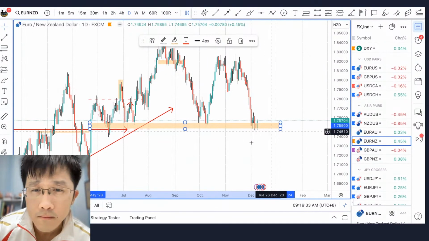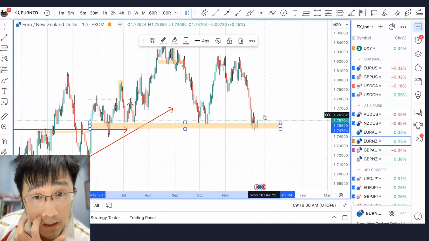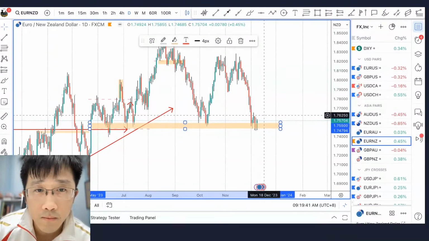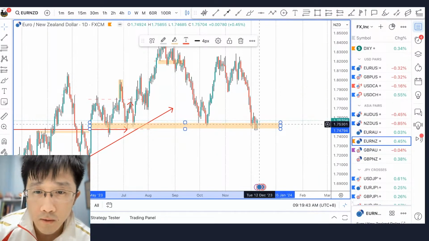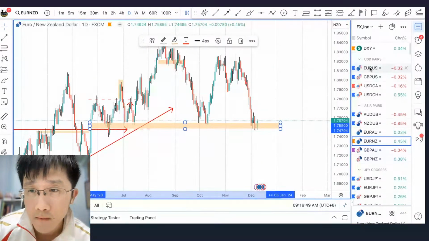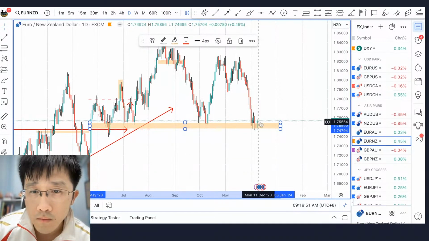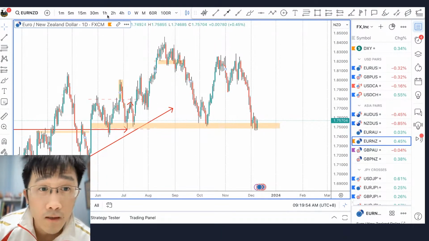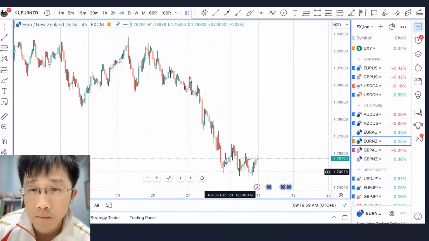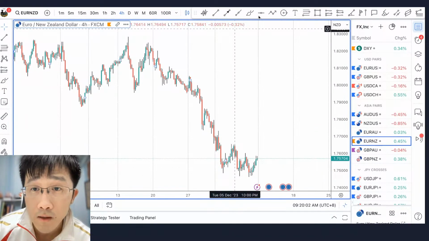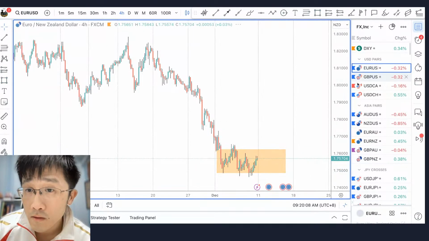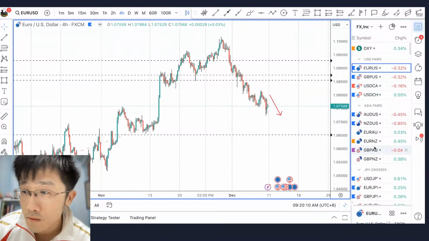Although for my Euro index that I share with the people in the course, Euro right now is actually at a good support for them. So maybe if it is going to break out, then I might have a small long on this after it breaks the consolidation for Euro New Zealand. All right, that is it for the Euro New Zealand.